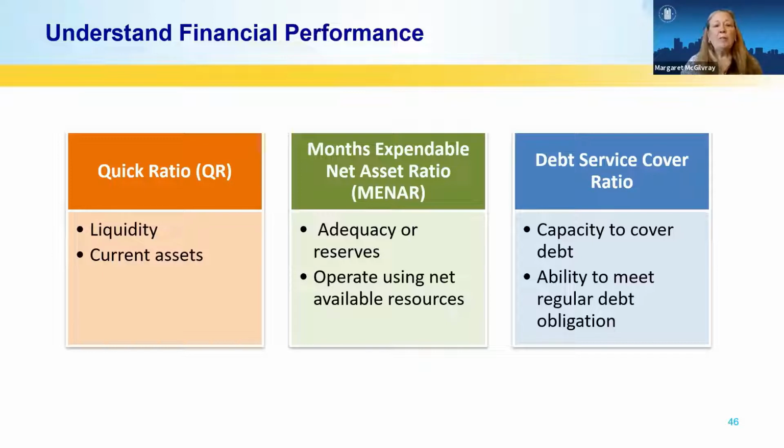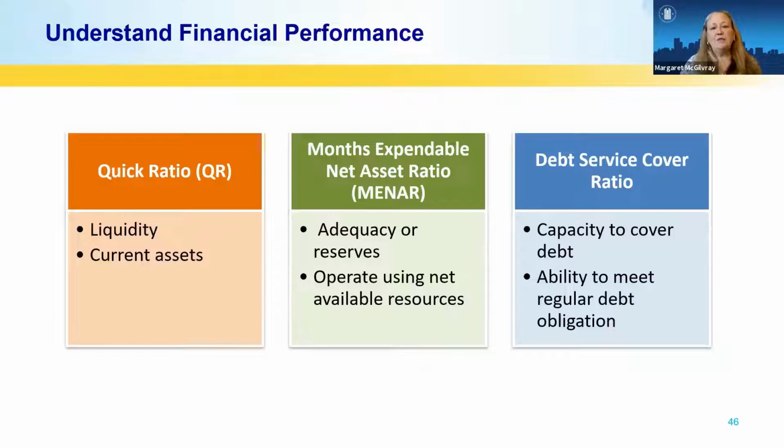Then there is your MENAR, or the months expendable net asset ratio. It often goes by MENAR because that's just a way too long name. And that has to do with what kind of reserves do you have? What kind of rainy day fund do you have?